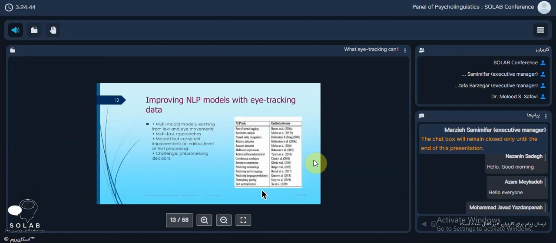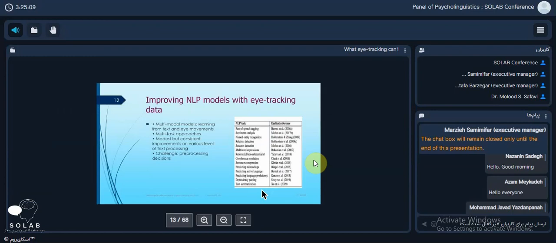How can we improve an NLP model with eye tracking data? First, multimodal models. What does it mean, multimodal? We can use our eyes, our ears, our touch, and we can mix all these modalities in one study. And this means learning from text and eye movement.